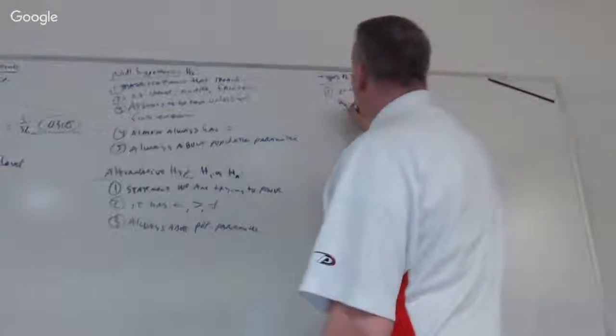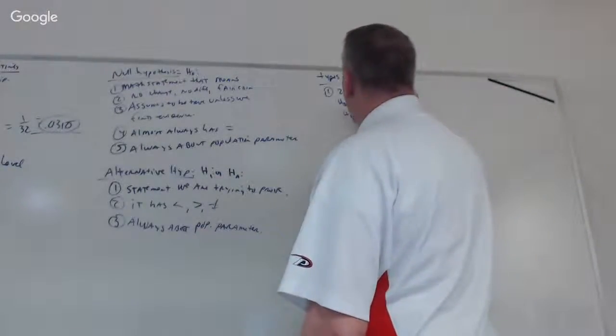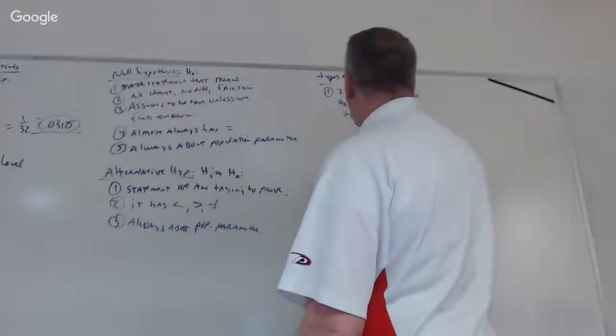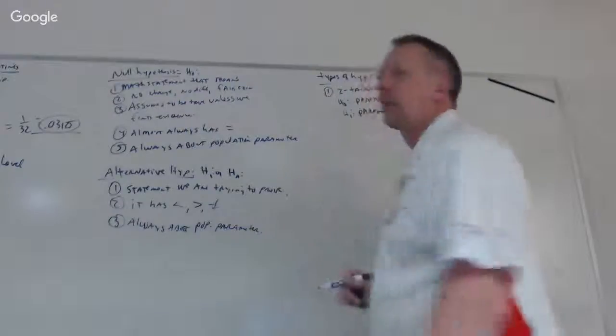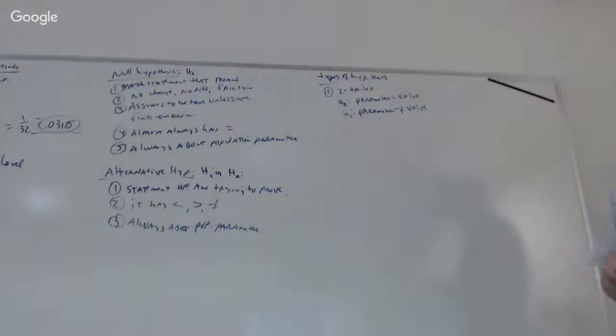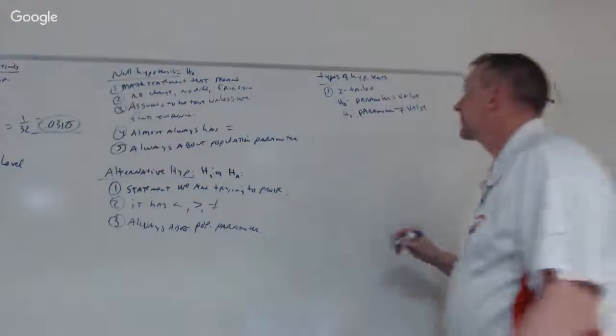And your alternative hypothesis will be the parameter does not equal some value, okay? So that's what we would call a two-tailed test, okay? So this is something you're going to want to identify.